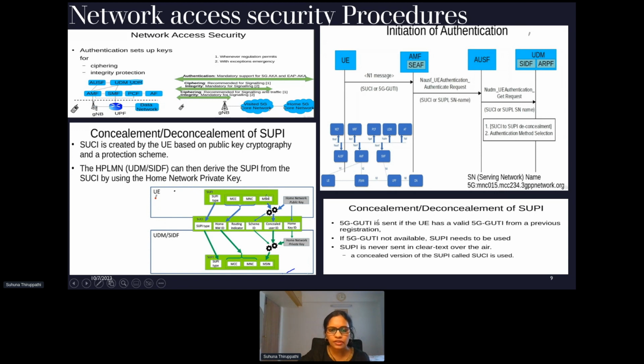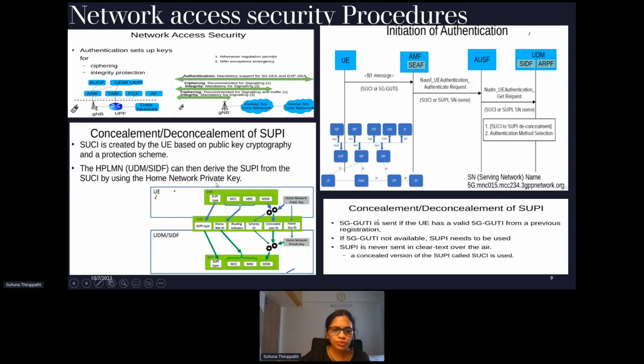Using the home network public key, encryption takes place on the MSIN and provides the concealed user ID. From the encryption we also obtain the scheme ID and the routing indicator, and the mobile country code and mobile network code are converted into the home network ID, and the SUPI type is sent as it is.